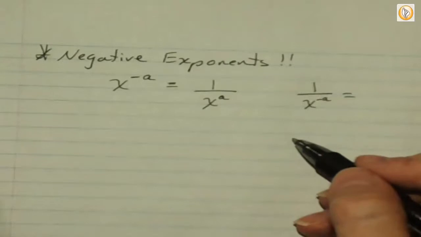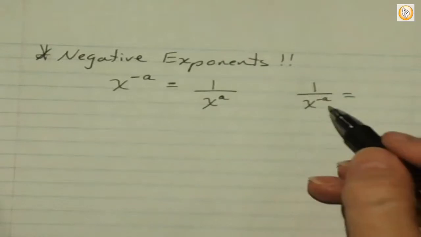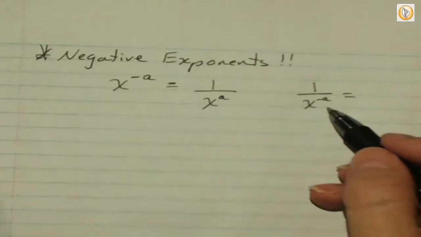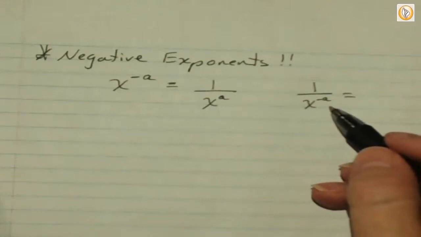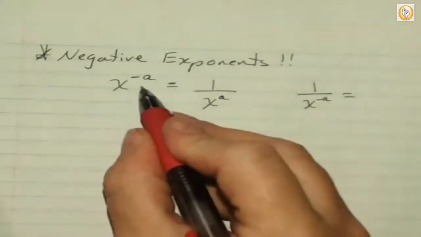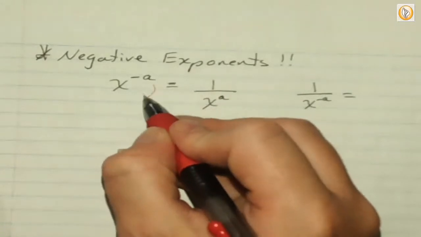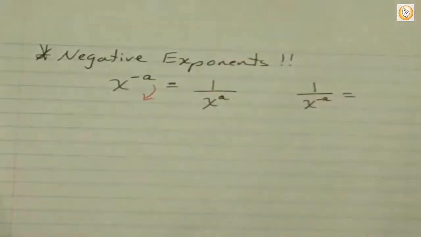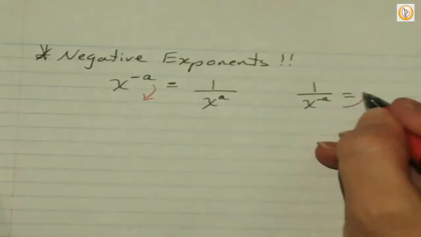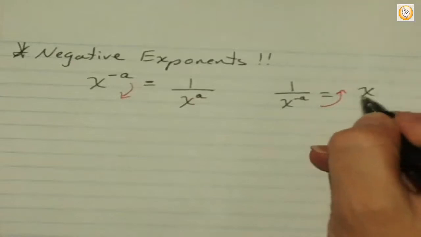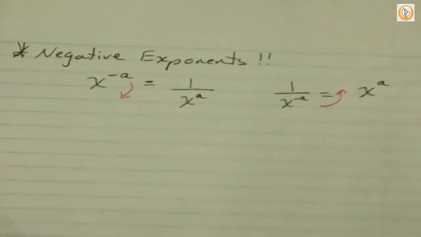Or move it below? Well, you're on a roll, Gabby. To the numerator. So in this case, this was considered like a whole number. You would move it to the denominator. In this case, it's already in the denominator, so we're going to move it up on top. And that makes it positive.